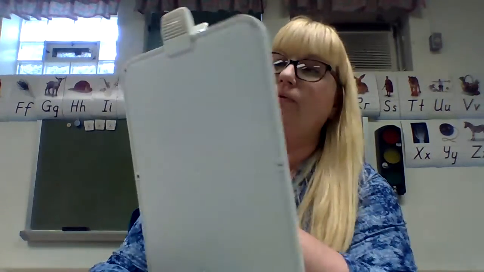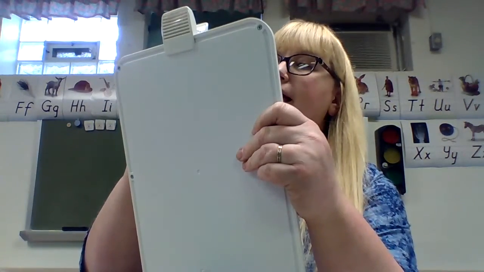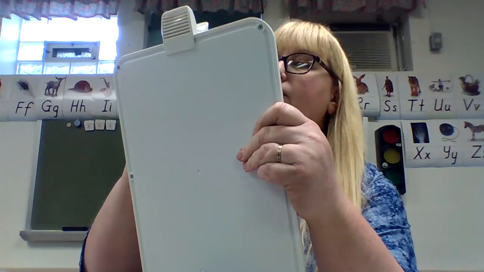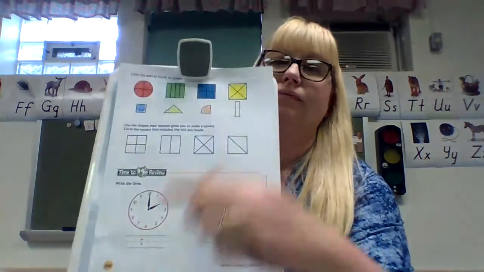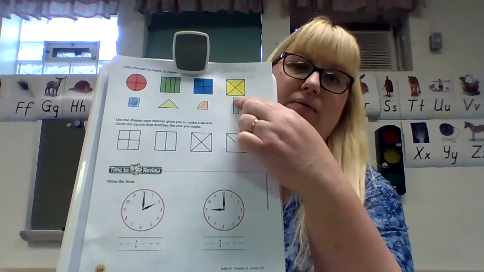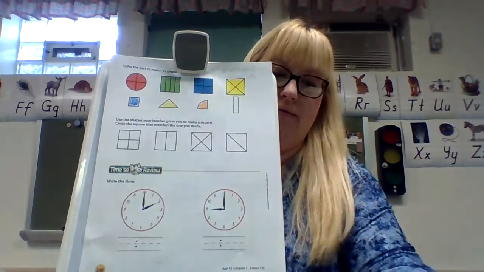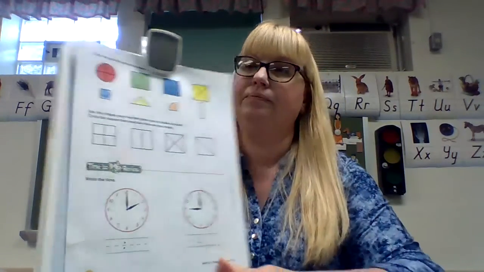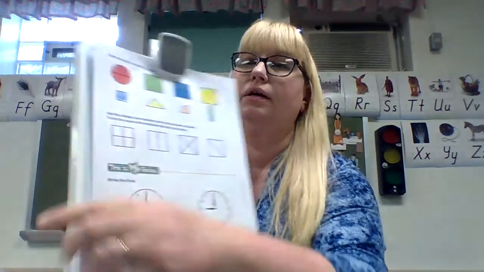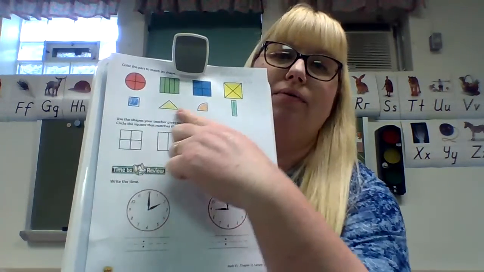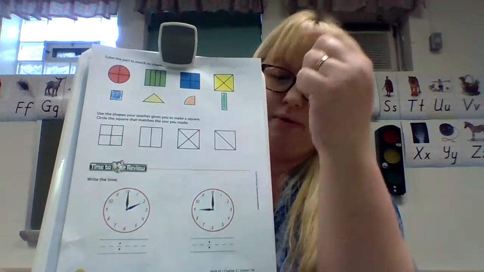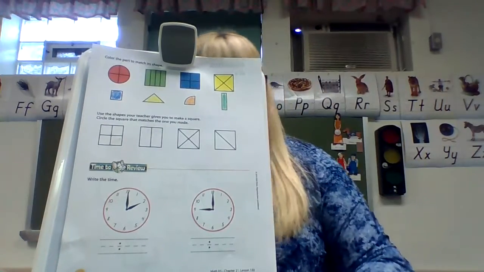We color that one orange. And then last we have the rectangle. What does it match? Green. That one would be green. Okay, so it should look like this. You should have blue, yellow, orange, green.